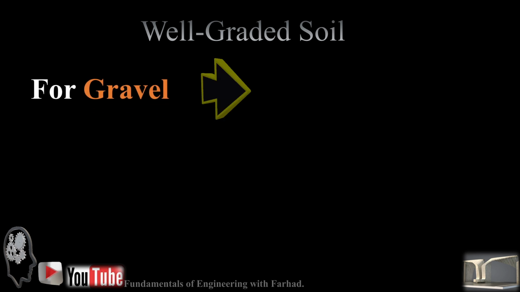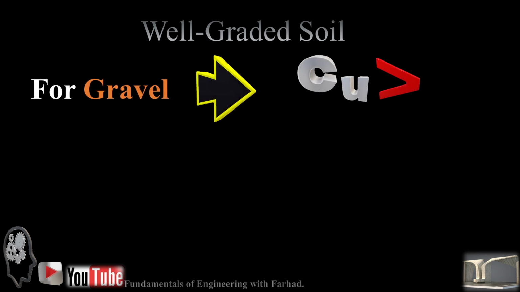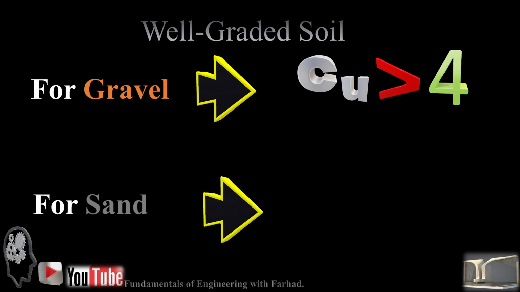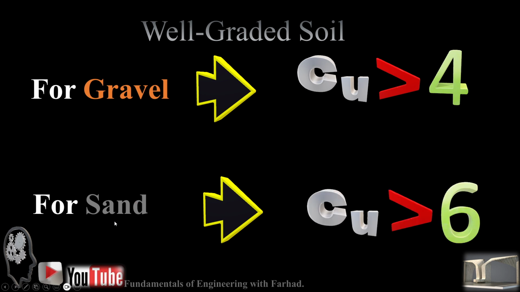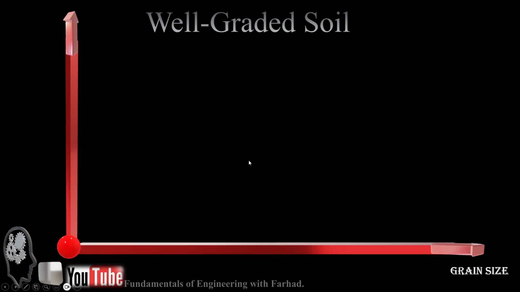We'll talk about that as well. The reason for that is avoiding a uniform size sample in our soil. For gravel, the uniformity coefficient should be higher than 4, and for sands, C sub u should be greater than 6.